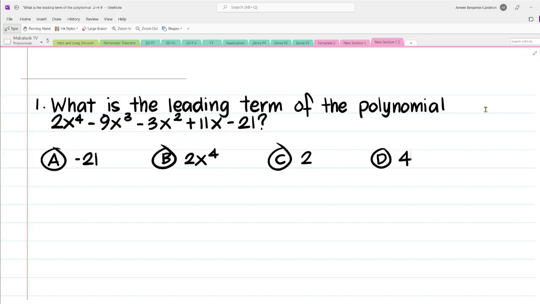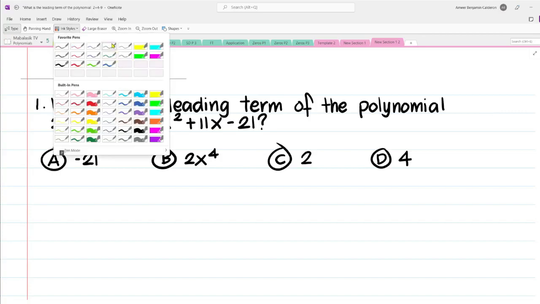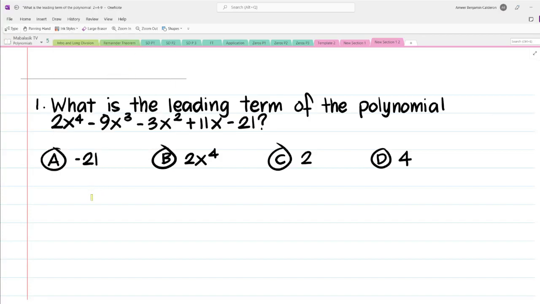So let us check first if the polynomial is in standard form. It is characterized by a decreasing order of exponents, and obviously this is in standard form. So the whole of the first term is the leading term. Therefore, that's B. Second question.